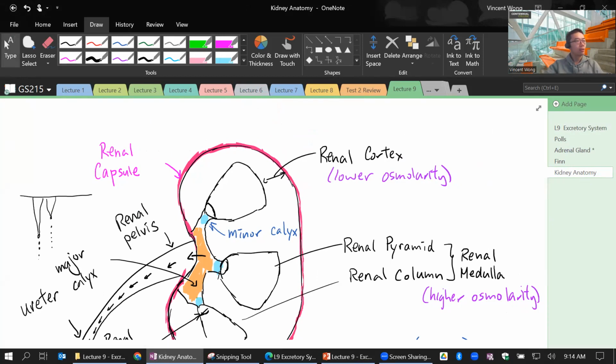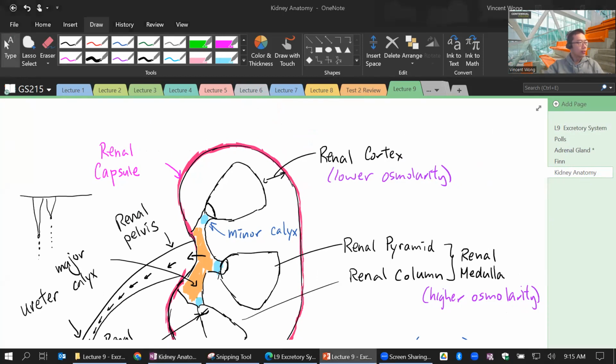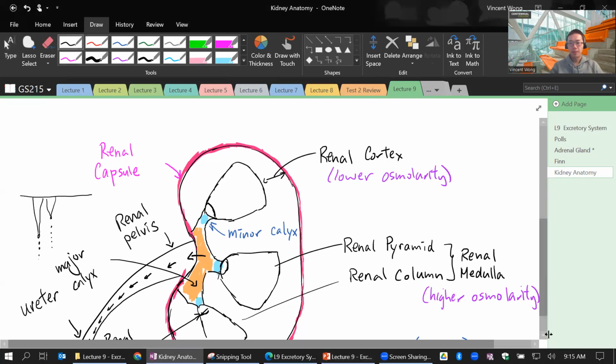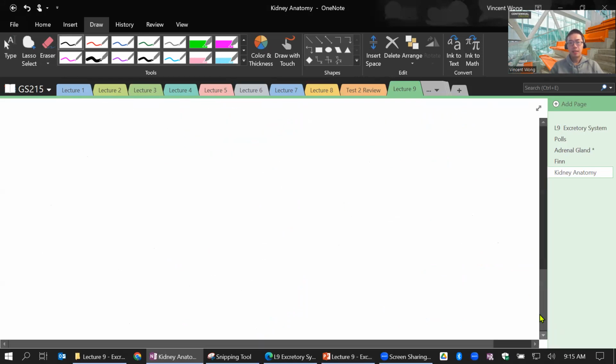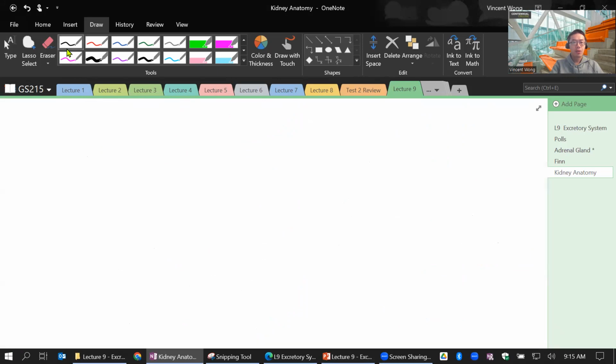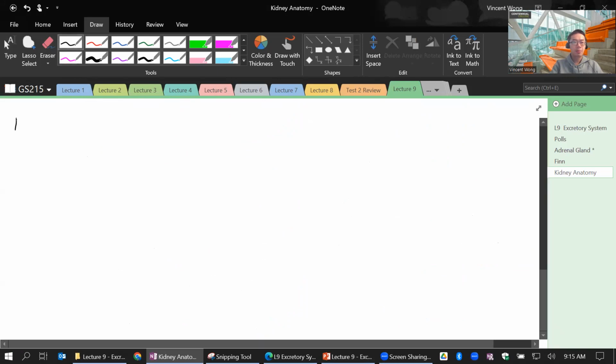Hold on, let me think about how I should do this. Okay, let's go for this. So you're gonna start a new page, and we will call this the blood supply, blood flow within the kidney.